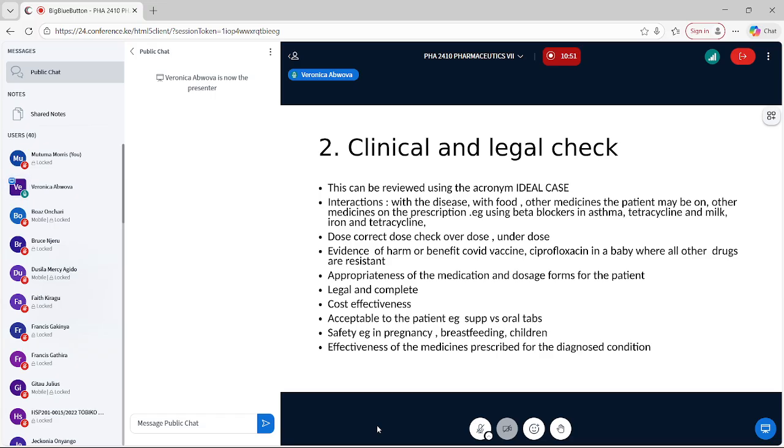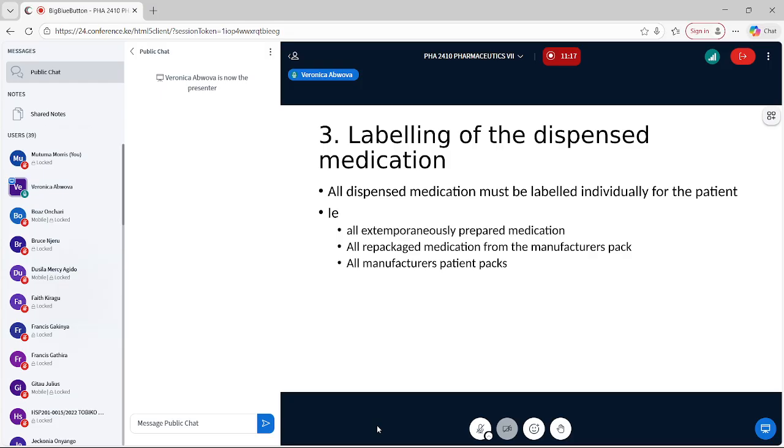You end up having a scenario whereby a patient walks around with a prescription, they are suffering, and yet you could have given them a prescription that they can afford and they would have been helped, okay. So we looked at acceptability, safety, and effectiveness. So that is the second step, clinical and legal check.